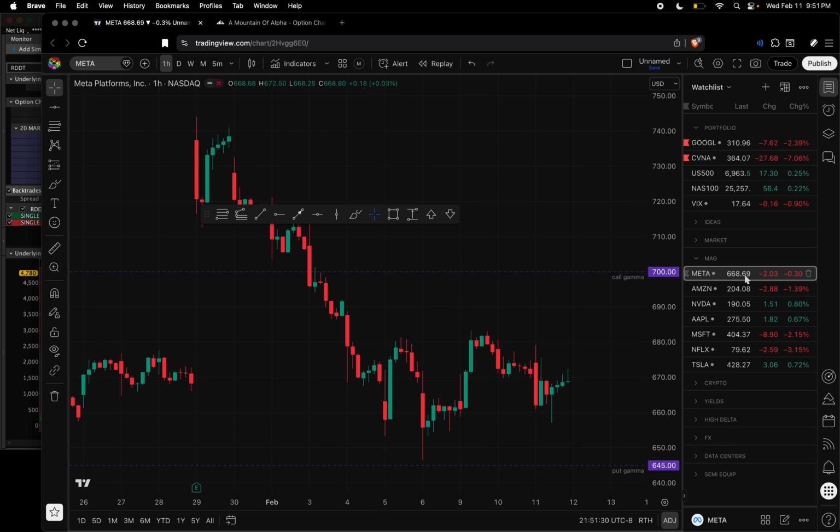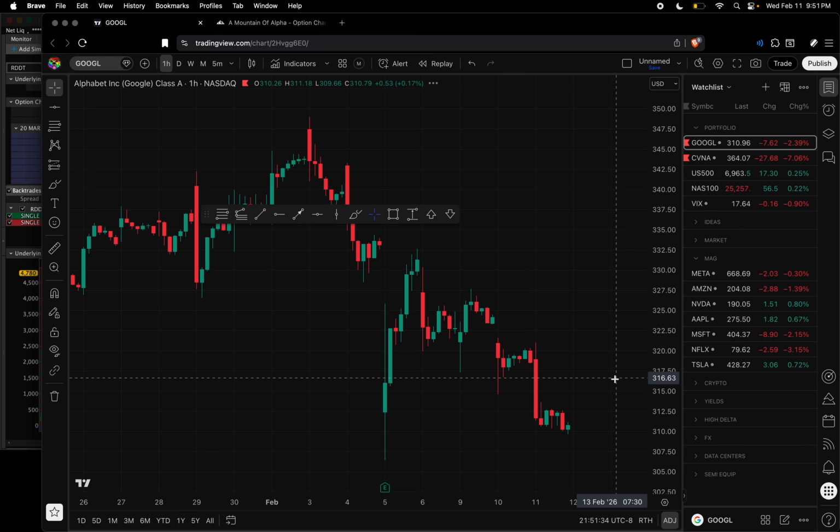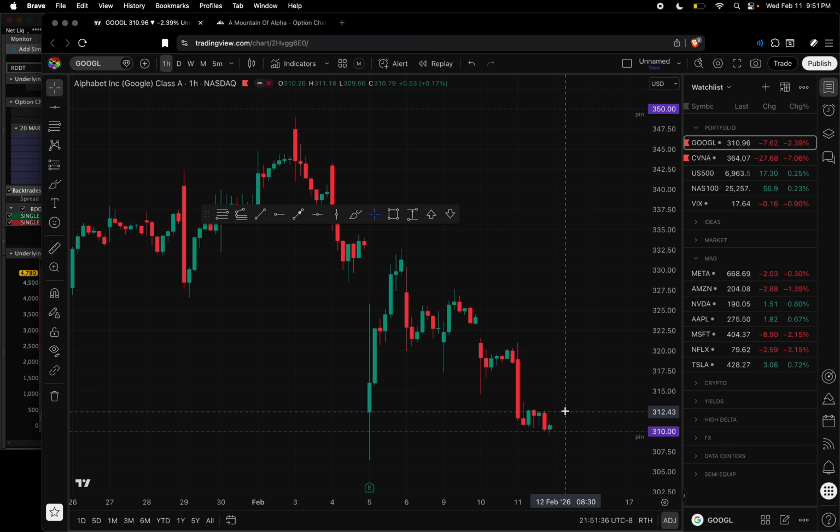And I go to Meta, and I see that, oh, it's bouncing, or I go to Google, and I see, oh, look, it's bouncing off the 310. And when I see that, you could probably place some short-term trades to the upside because the dealer is most likely using that name to collect the premiums and indices. I don't know. That's a theory.